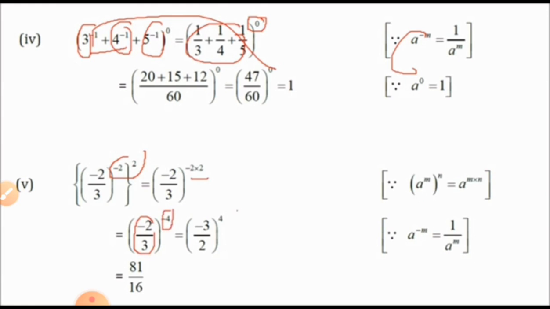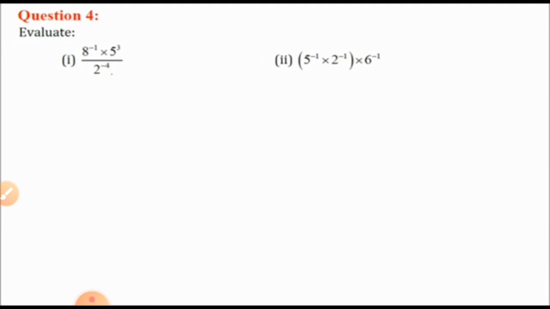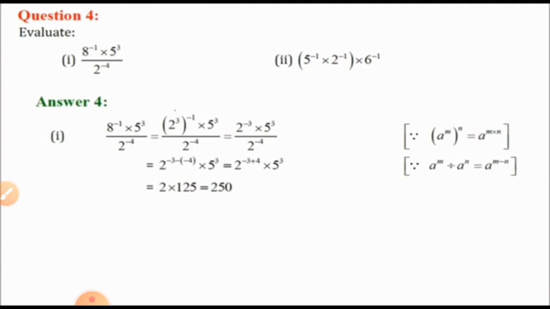Fifth one. Minus 2 upon 3 raised to minus 2 and 2. Minus 2 into 2 will give me minus 4. 81 upon 16. Question number 4. 8 raised to minus 1 multiplied by 5 raised to 3 upon 2 raised to minus 4. Correct. 5 raised to minus 1 multiplied by 2 raised to minus 1 multiplied by 6 raised to minus 1.